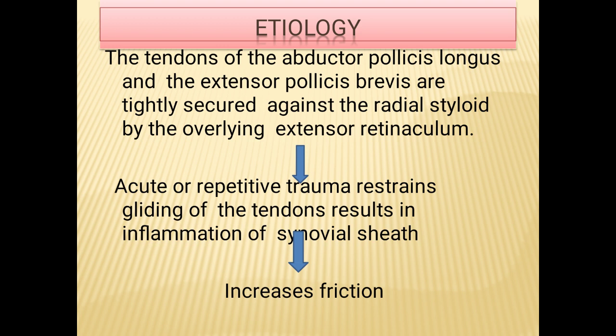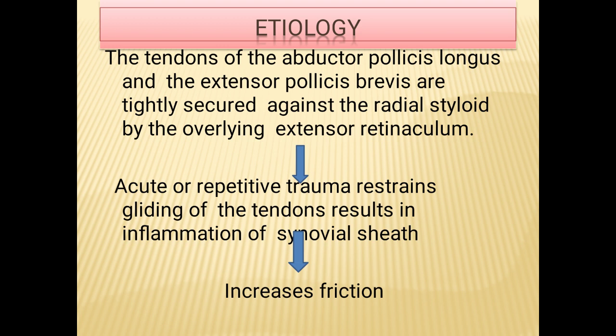We will come to the etiology and the mechanism. The tendons of abductor pollicis longus and extensor pollicis brevis are tightly secured against the radial styloid by an overlying sheath known as the extensor retinaculum.